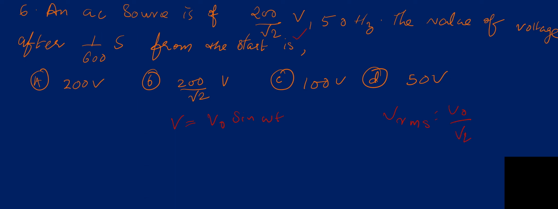And this value is given as 200 divided by root 2. So here V0 equal to 200. We can substitute the value 200 sine omega, where omega is 2 pi into frequency, 2 pi f. So we can write 2 into pi into f is 50 into time is 1 by 600.